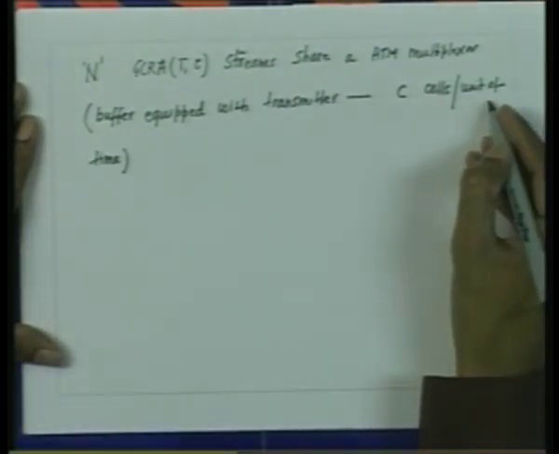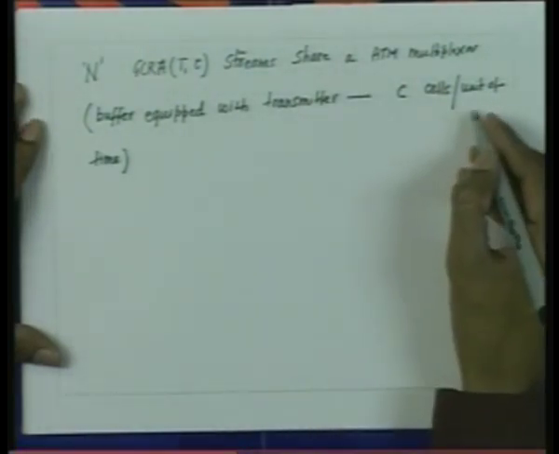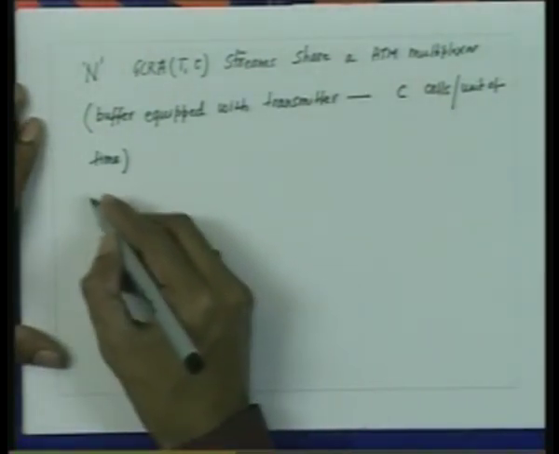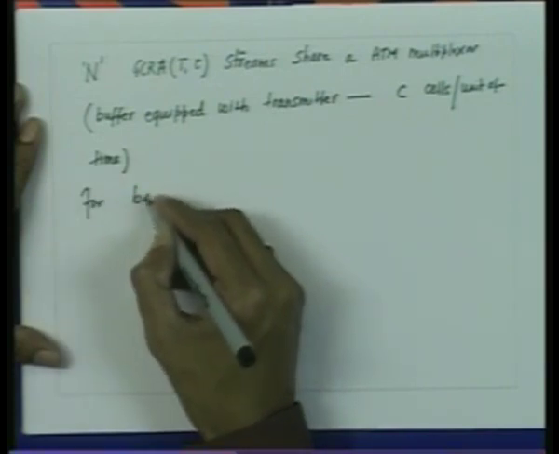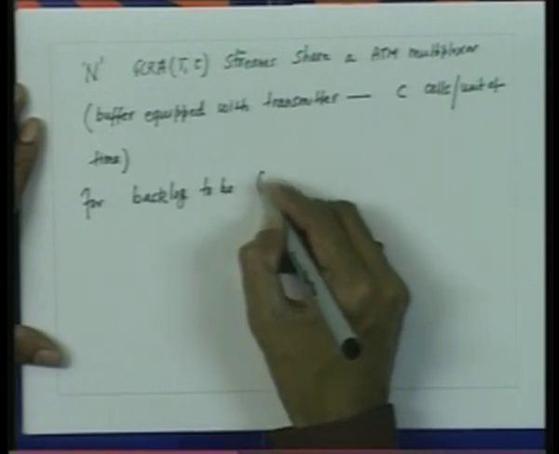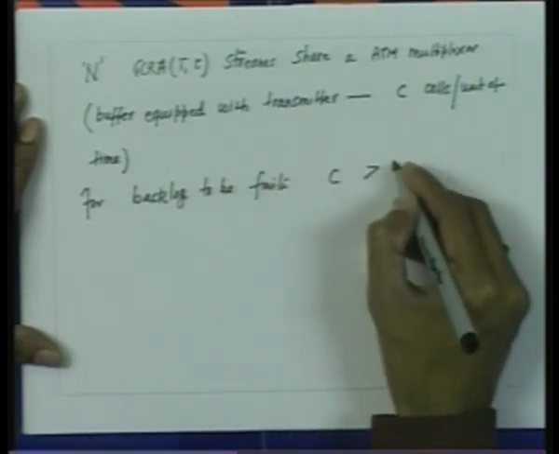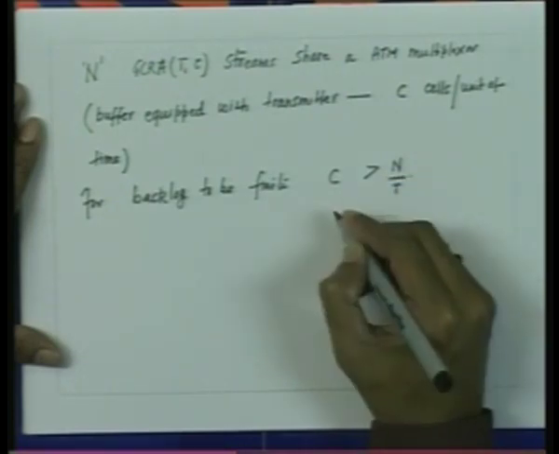Remember, our unit of time here is the one cell transmission time, so that we have been always using it. So for the backlog to be finite, we know that our requirement is that C should be greater than n by T.